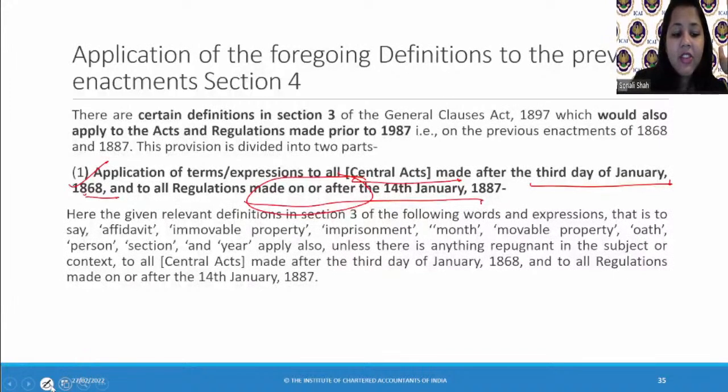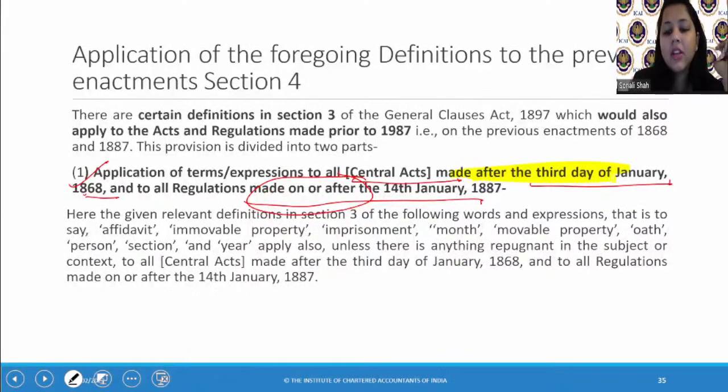When we say central act, we are saying central act made after the 3rd January. When we are talking about regulations, we are saying regulations made on or after. So if a regulation was made on 14 January 1887, then also the General Clauses Act will be applicable.